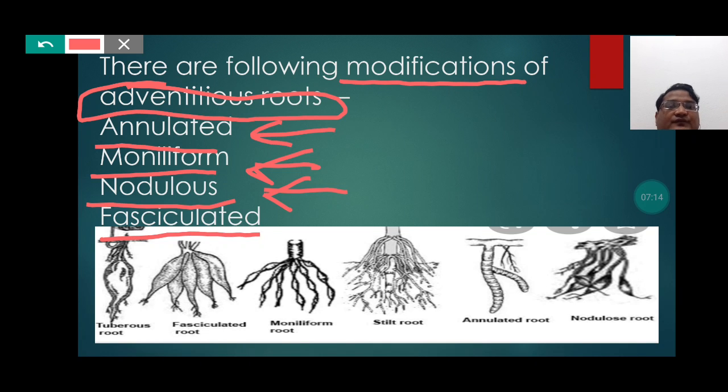And fasciculated, where the top portion and the bottom portion remains tapering and the middle portion of the root appears quite swollen. So students, these are the different types of adventitious root, where the annulated root has huge number of rings, which you can see.